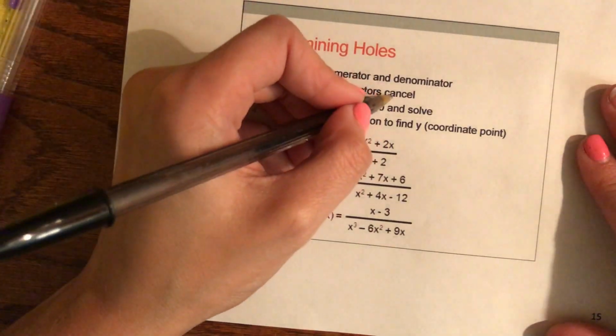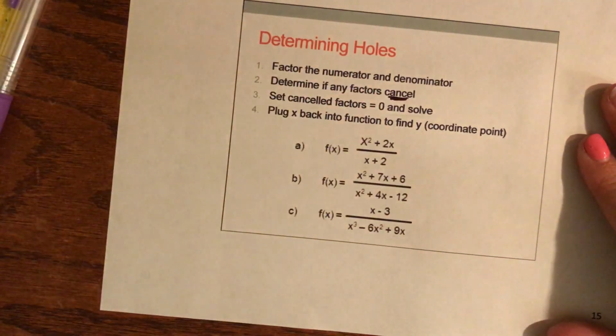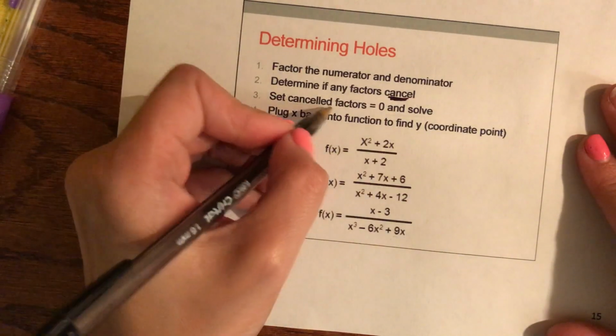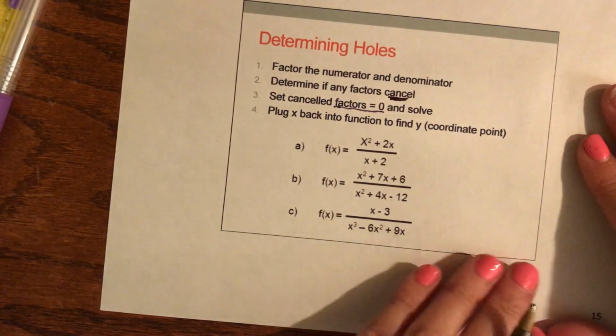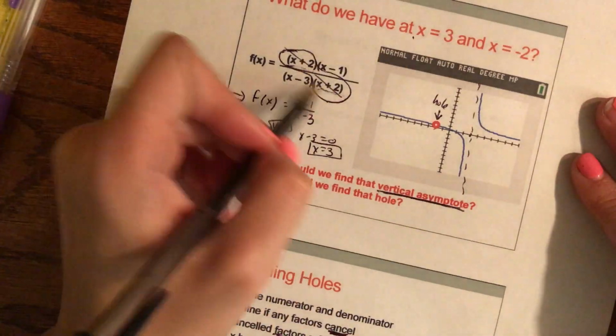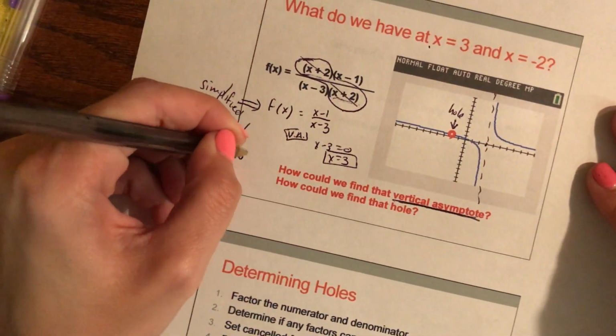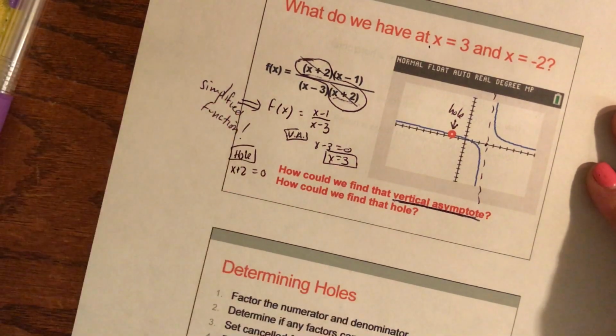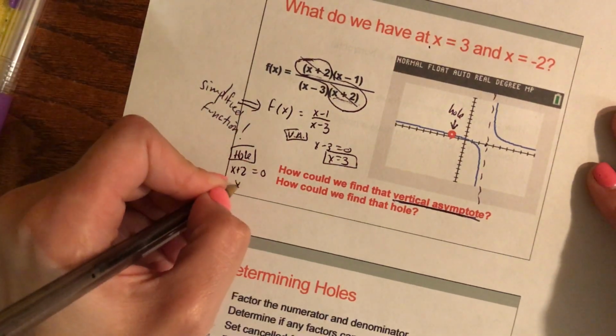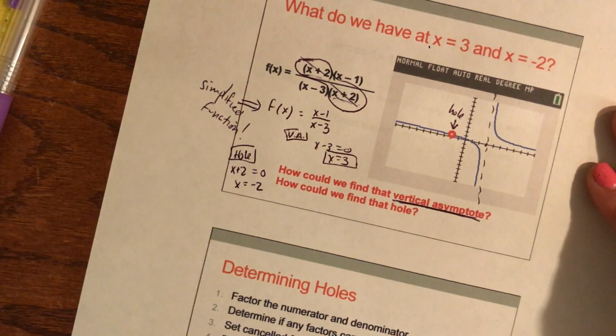Whichever factors cancel, those are the factors you are setting equal to 0 and solving for, okay? So up here, it was x plus 2. So if I wanted to find my hole, I'd take x plus 2 and set it equal to 0 and solve.